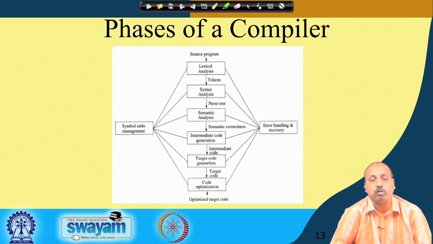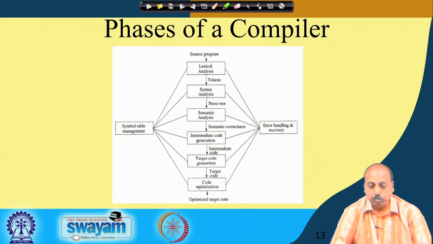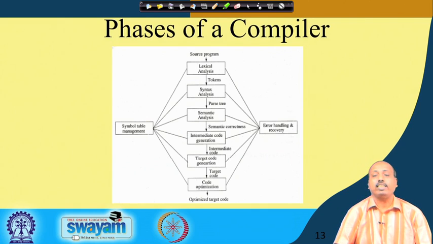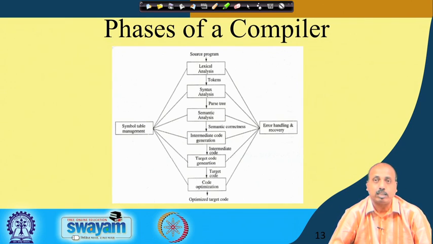Then between two words, somebody may put one blank, somebody may put 10 blanks. All those extraneous blank spaces will be removed. Many times we include some header files, for example, in C language the hash include directive, and they are all expanded. This expansion is done by the lexical analysis phase.